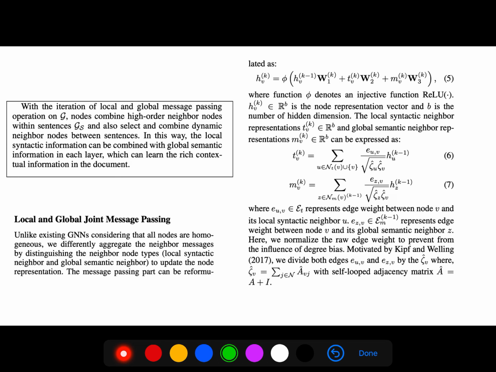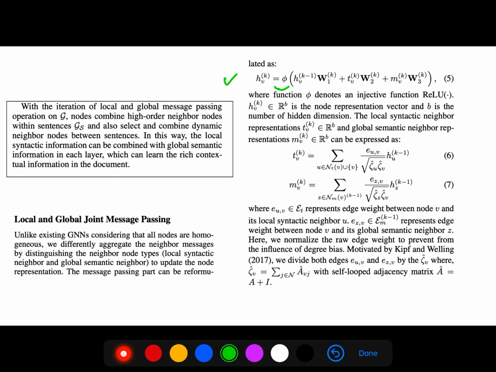To update the node representation, the message passing part can be reformulated like this. A phi is just an injective function like relu, and h is just a node representation.